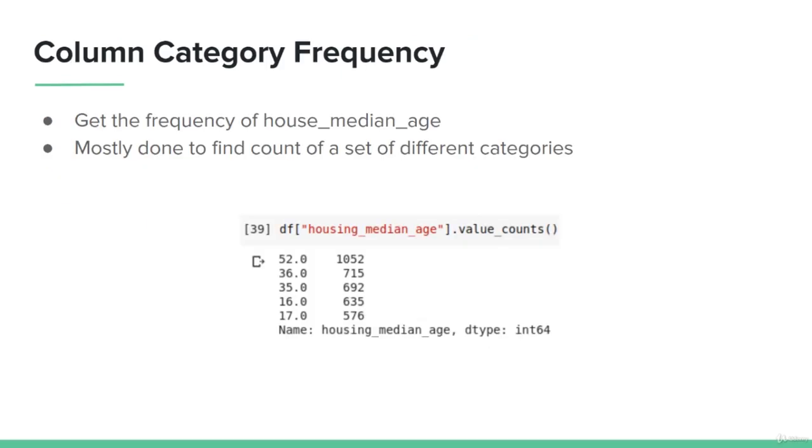We will call a particular column and then call the value counts operation, and that will give us the count of each particular value, and then we can use that to further draw a histogram or get information about whether the data is sparse or which value is most common or which value is not. If there is a value that has a very high frequency, that is going to affect your further processing, so it's important to find that information beforehand before you start processing the dataset.